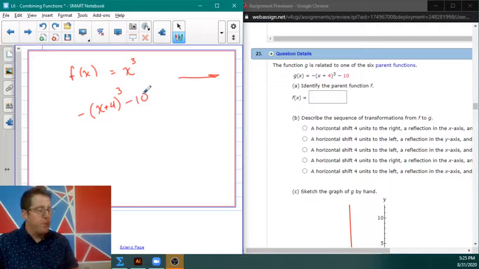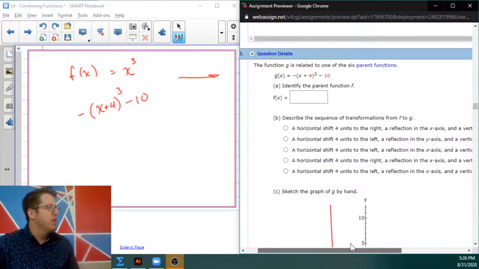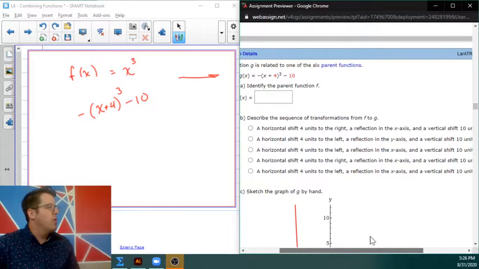So let's see what my options are here. A horizontal shift of 4 units to the right. No, it's definitely going to be 4 units left. Remember, addition means left and subtraction means right. Just like you've always been told. Okay, so it's either 2, 3, or 5.